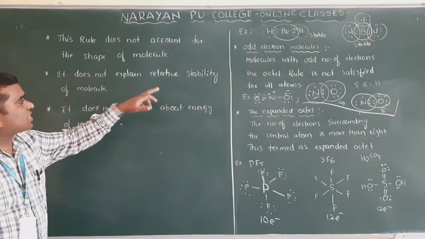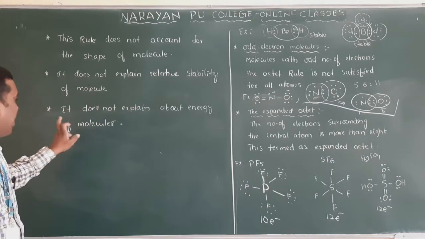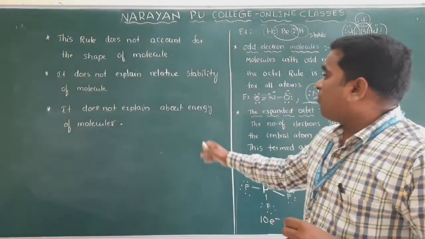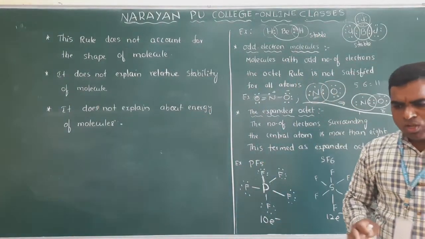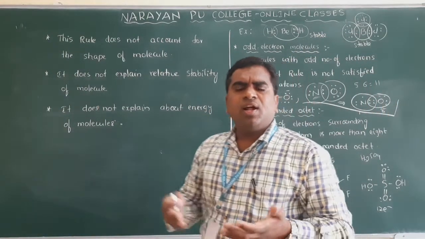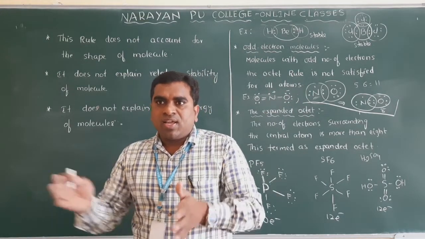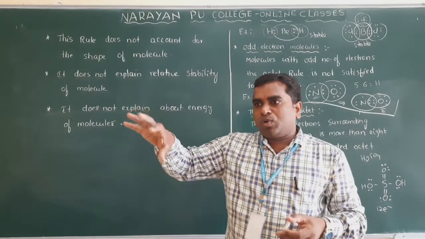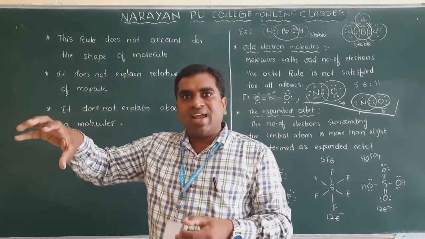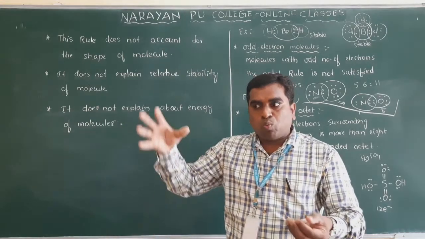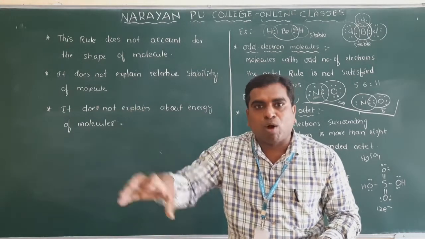So it does not explain the relative stability of the molecule, and it also does not explain the energy of the molecule. Stability actually depends upon the energy of the molecule. He mentioned that if all the atoms in the molecule attain the octet, they are stable. But what about the energy of that molecule?